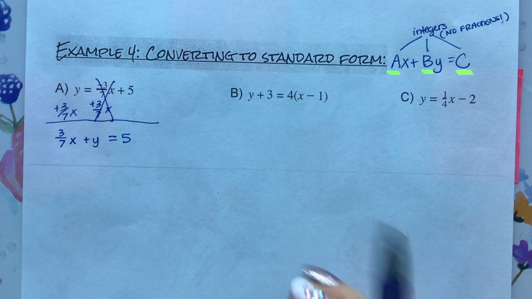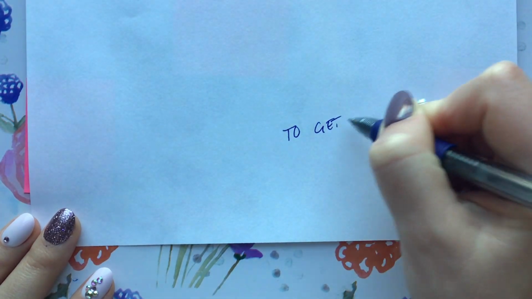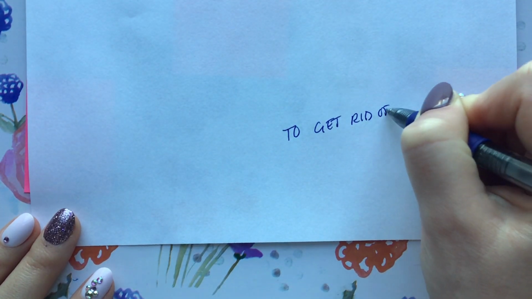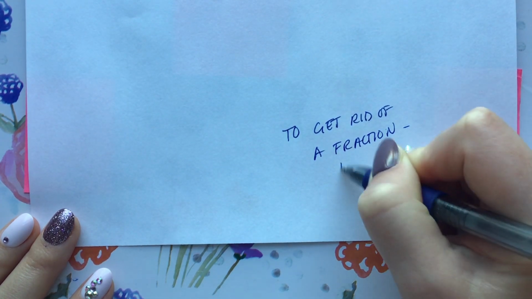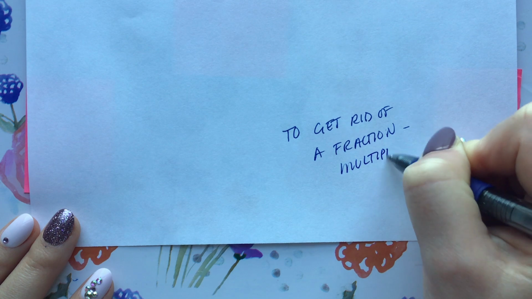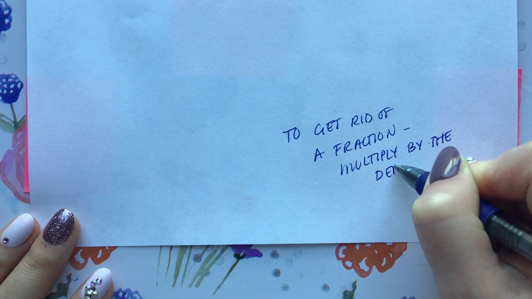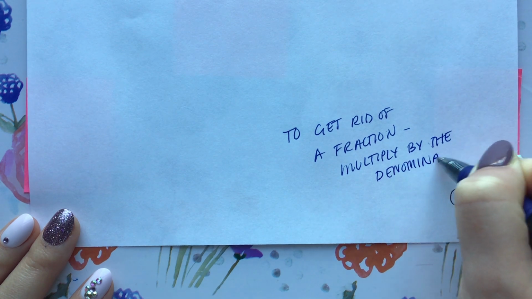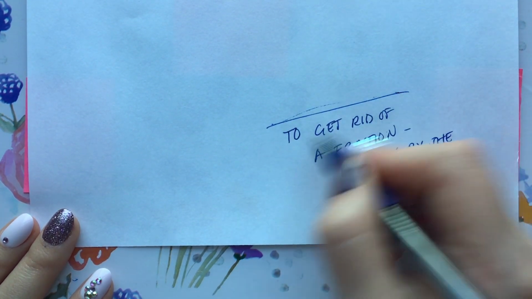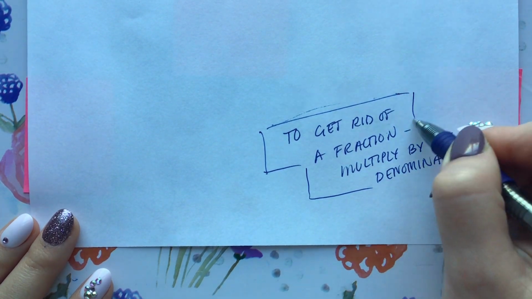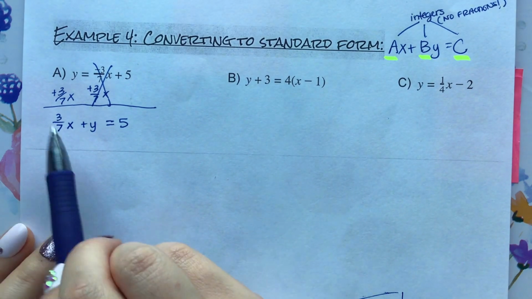So remember, I'll put a little note down here: to get rid of a fraction, multiply by the denominator. That's a big rule that we've been covering for quite a while. Okay, so the denominator here is 7.